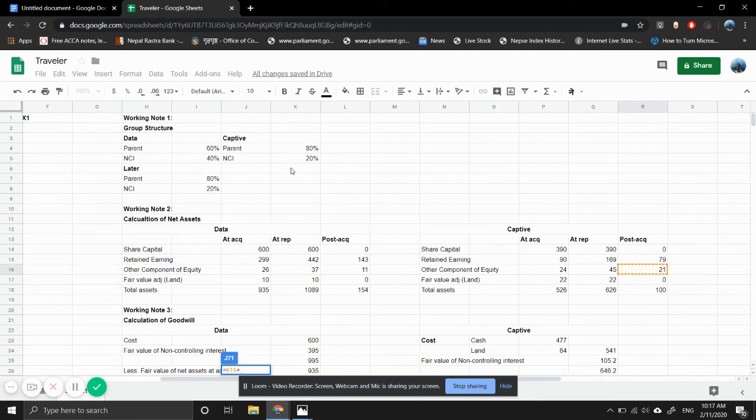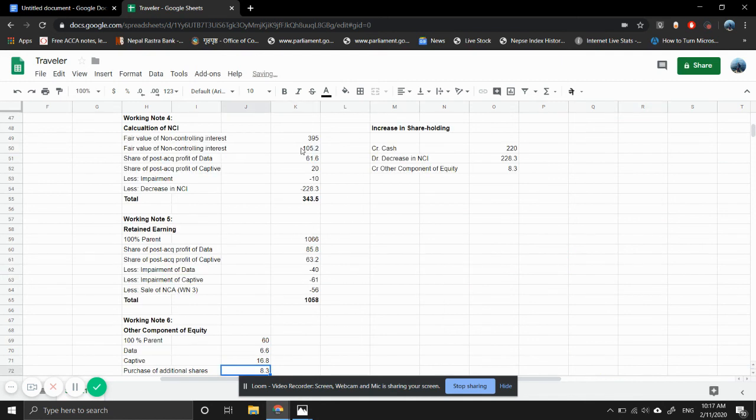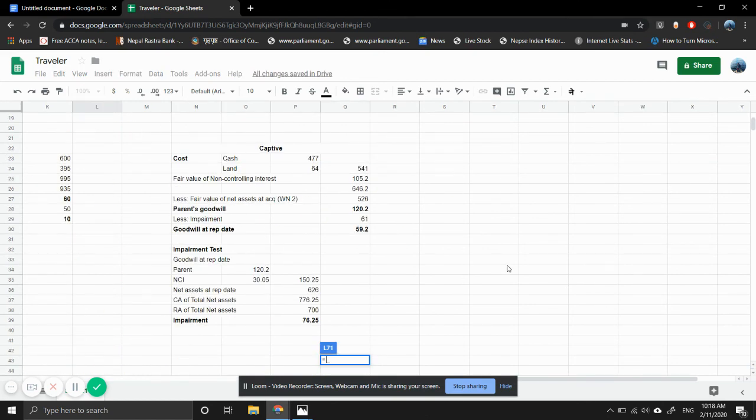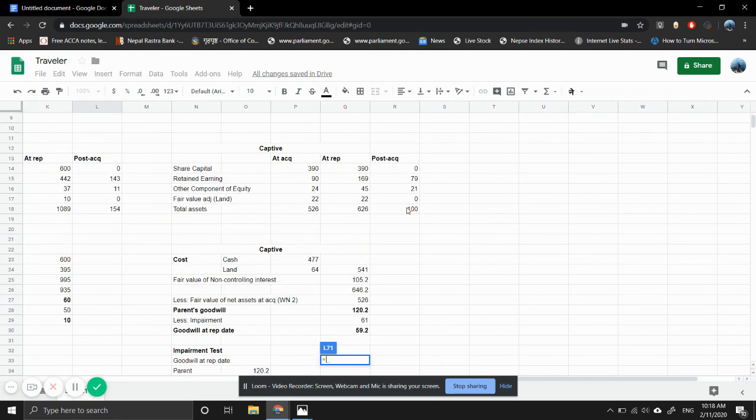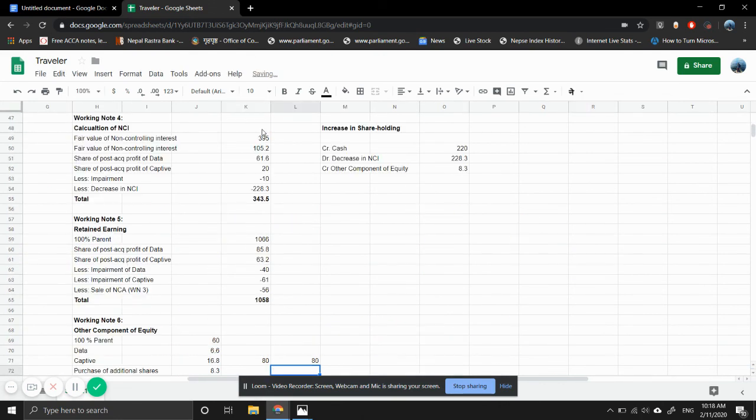Otherwise, if I had just used the whole 80 or the 100, it would have given us... So I'll show it to you, it'll be easier. Okay, so see, if I add this Captive, how much am I getting? 80, right? So how much did we get over here? It was 100, right? So if you multiply this by your holding percentage, you'll still be getting 18, right?